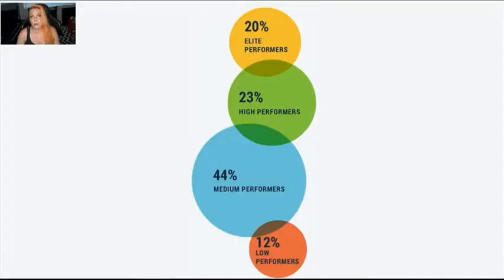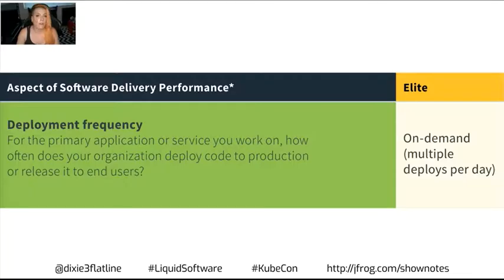Based on those responses, organizations are grouped into categories by performance, and only about 20% of them have what would be considered elite performance. To qualify as an elite organization, you need to be able to deploy multiple times per day. These organizations are able to provide more features to users faster and to be more protected from vulnerabilities because they can deploy immediately once a problem is identified and fixed. They're also recovering from those failures more easily.